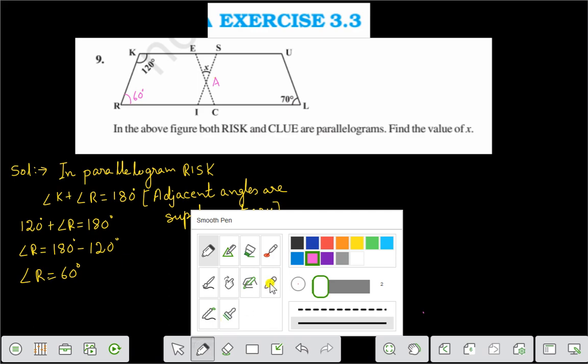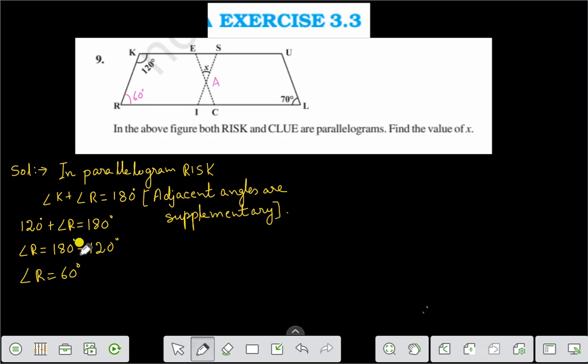And here also you can say that angle R is equal to angle S. That is also 60 degrees. The reason is that opposite angles are equal in a parallelogram.